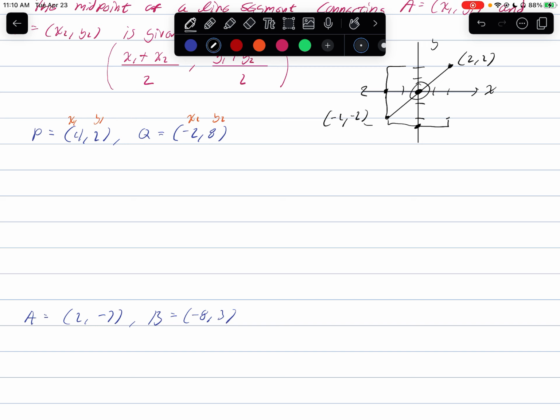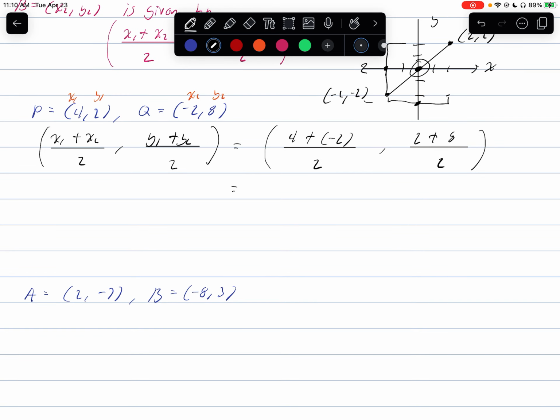So we have x1 plus x2 over 2, and y1 plus y2 over 2. This point is going to be given by 4 plus negative 2 over 2, and we're going to have the y components as well: 2 plus 8 over 2.